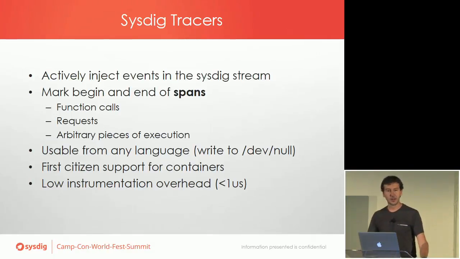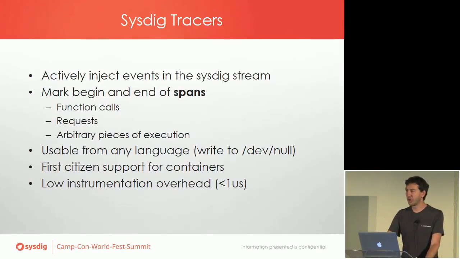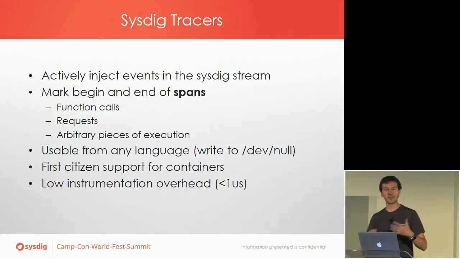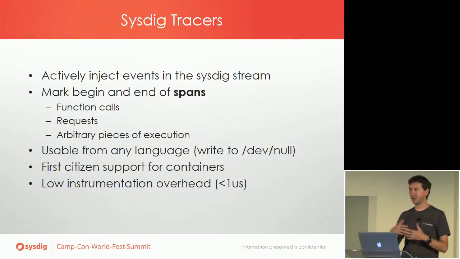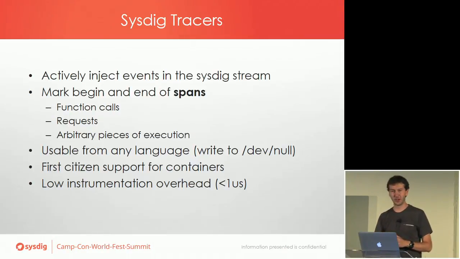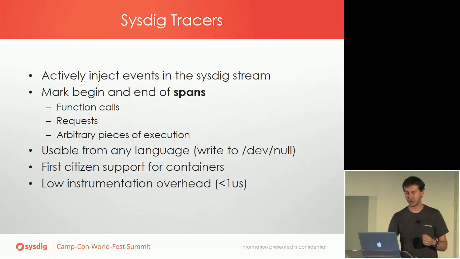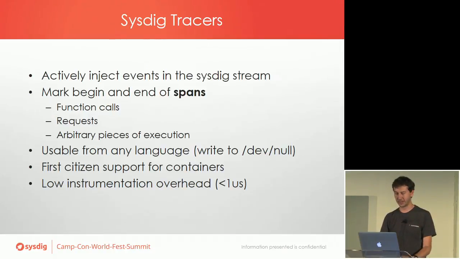The other goal is low overhead instrumentation. This is not, let's say, as low overhead as something like a profiler. That's not the primary goal of this, but it's low overhead enough that if you are tracing a distributed application, especially a containerized application, it should be completely negligible. So we had as a goal being below 1 microsecond in overhead to emit and collect these tracers.